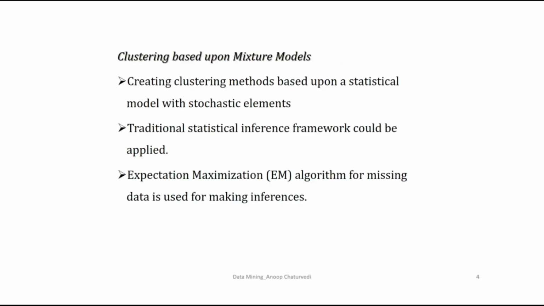Now, this kind of phenomenon gives us one more option for clustering. We assume some distribution, some mixture of distributions for the observations, and then using that mixture model, we may go for clustering.